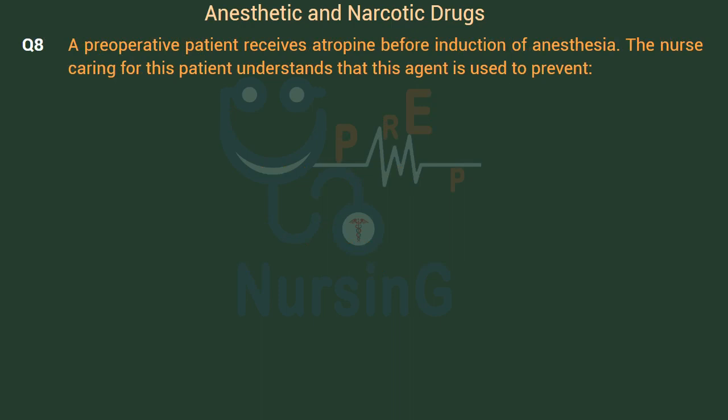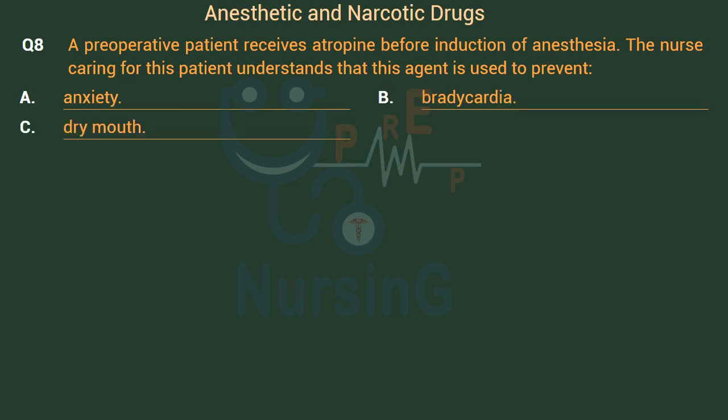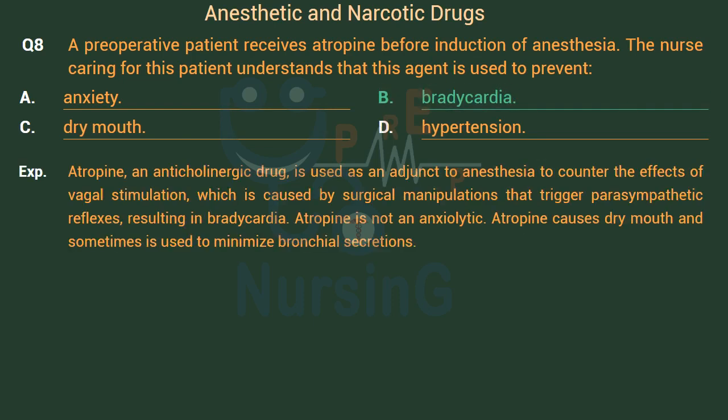A preoperative patient receives atropine before induction of anesthesia. The nurse caring for this patient understands that this agent is used to prevent: Option A, Anxiety. Option B, Bradycardia. Option C, Dry mouth. Option D, Hypertension. Right answer is Option B, Bradycardia.